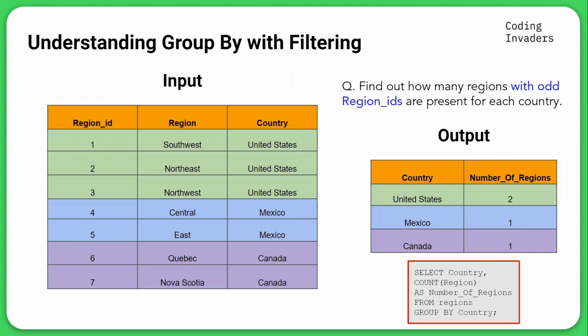Can you figure out the code we have to add? Take a moment and think about it. What clause have you used in the past to filter the data? What operators do we use to write the condition? Think about all this and figure out what clause we have to write over here.